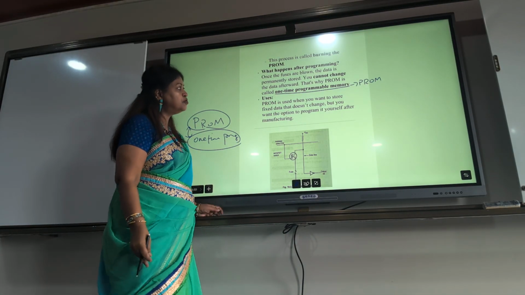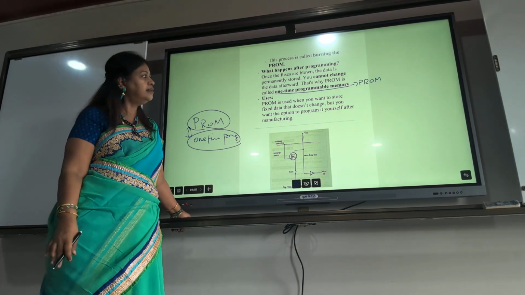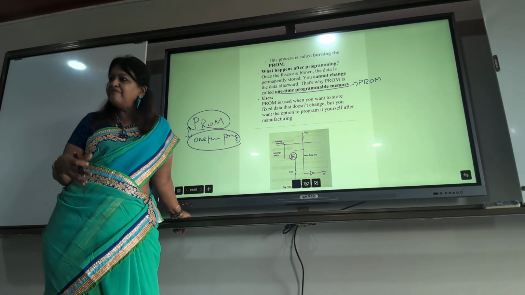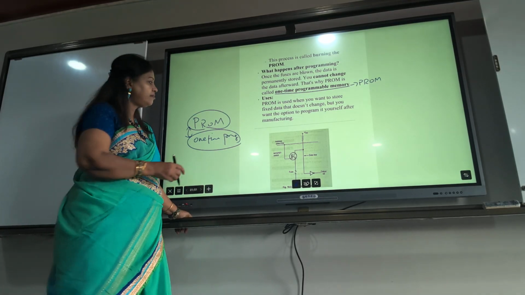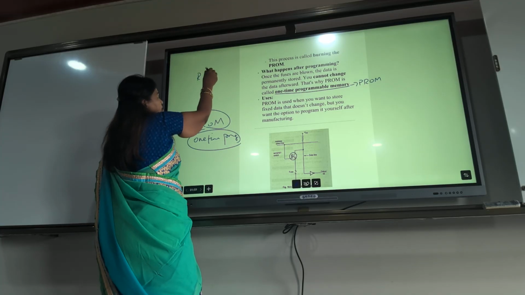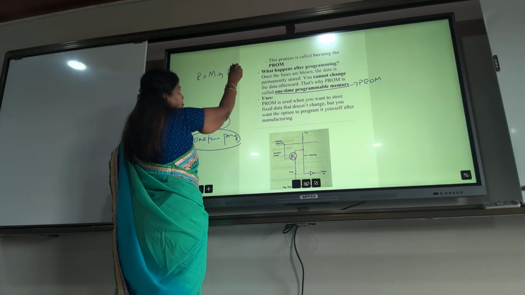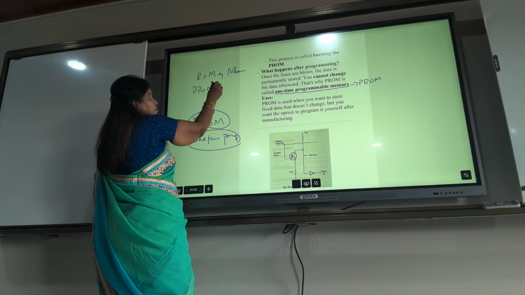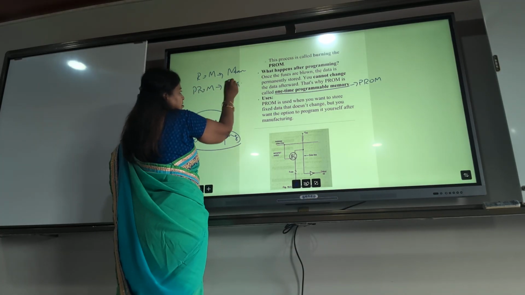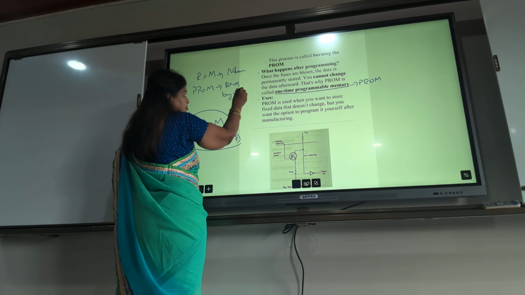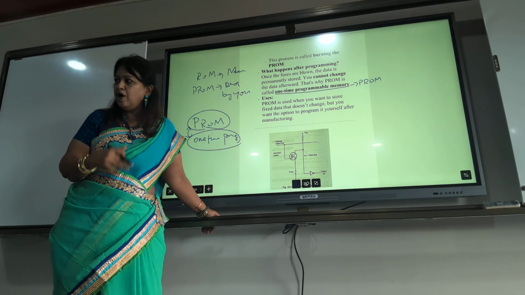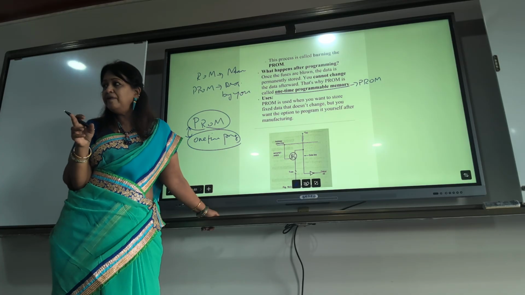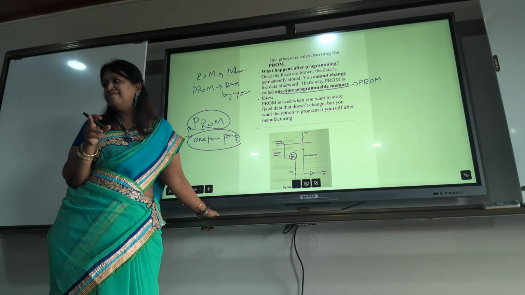PROM is used when you want to store fixed data that does not change, but you want the option to program it yourself after manufacturing. ROM is programmed during manufacturing. PROM is programmed by you, in your company, in your place. You need not tell the company about your program.